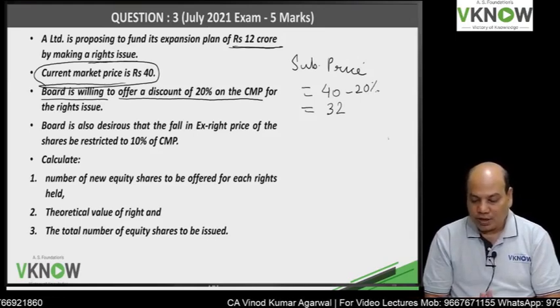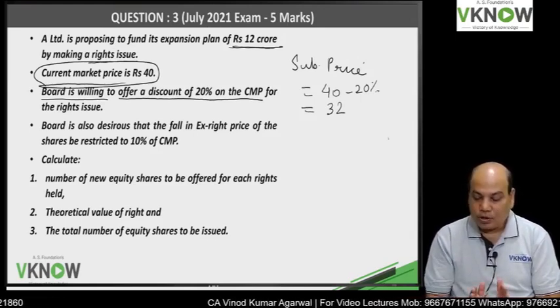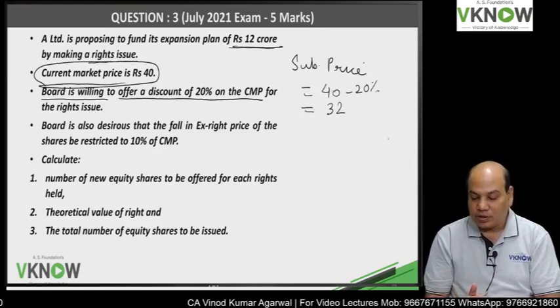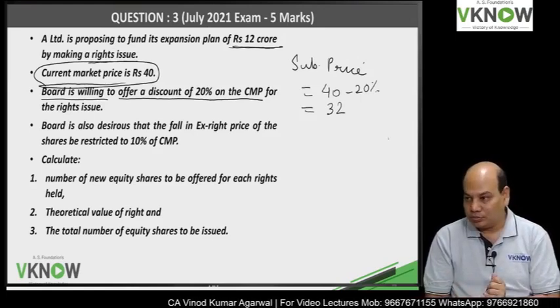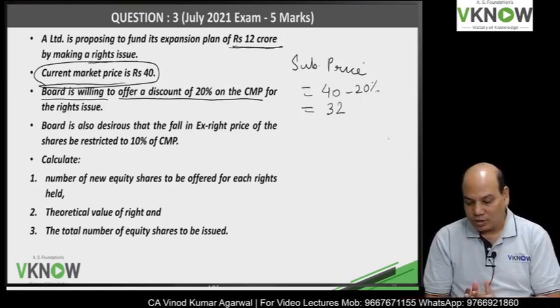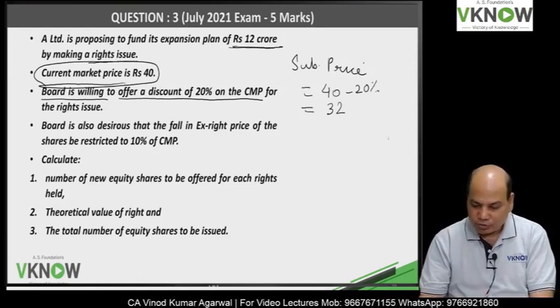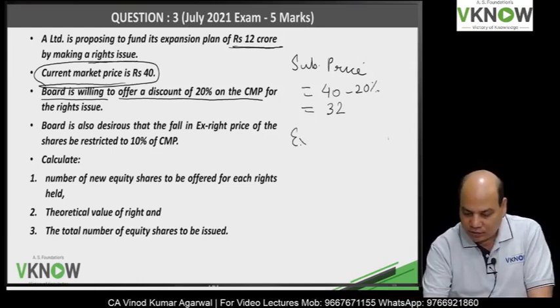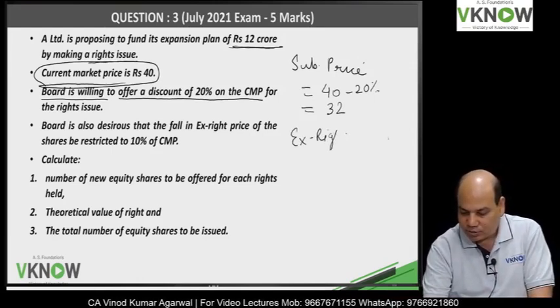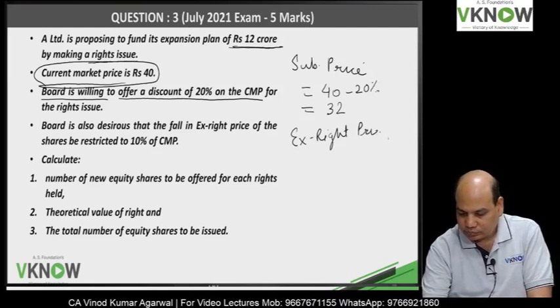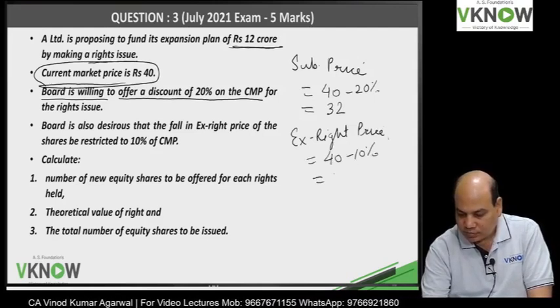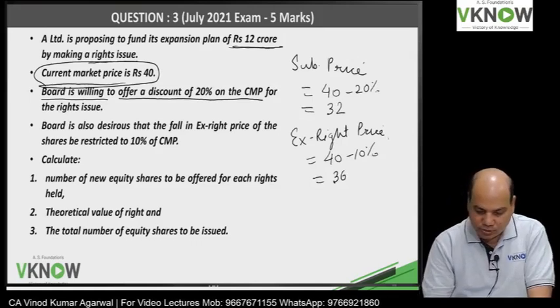Board is also desirous that the fall in the ex-rights price of the share be restricted to 10% of the current market price. So what is your ex-rights price expected to be? 40 minus 10%. So ex-rights price is 36 rupees.